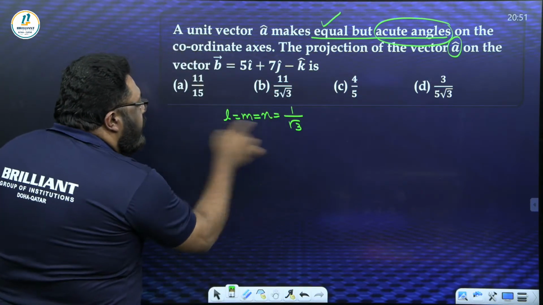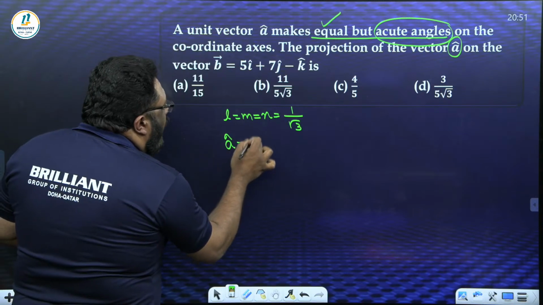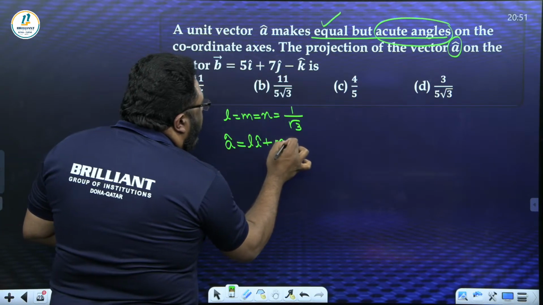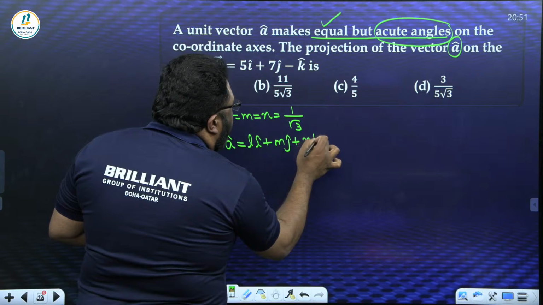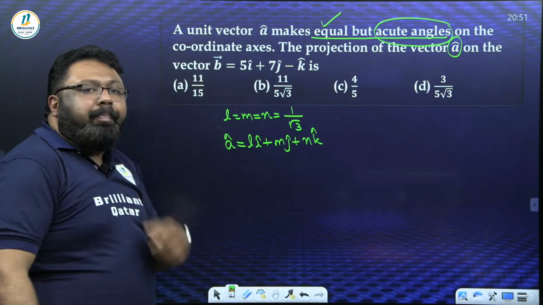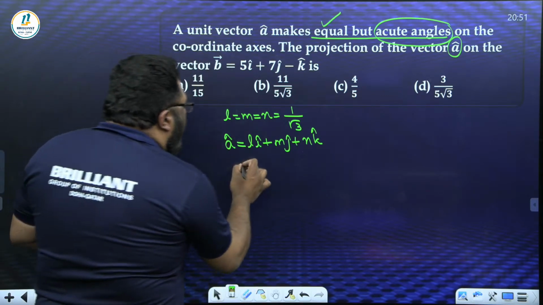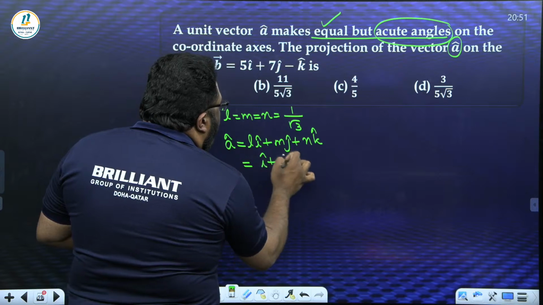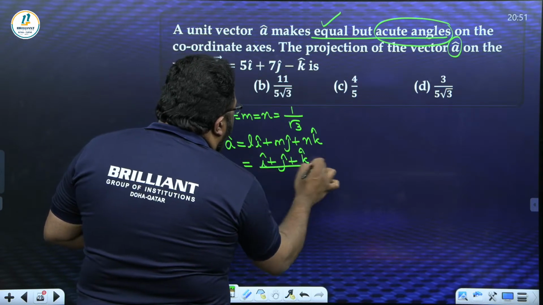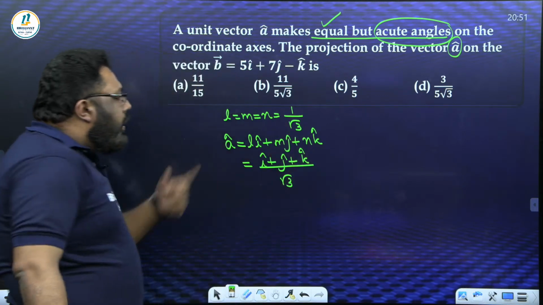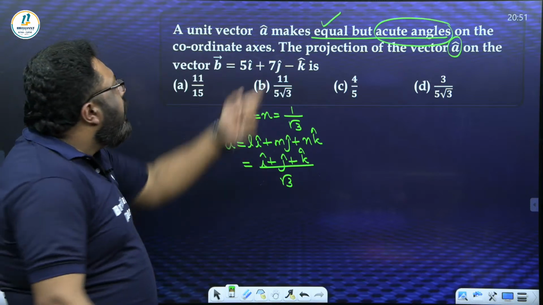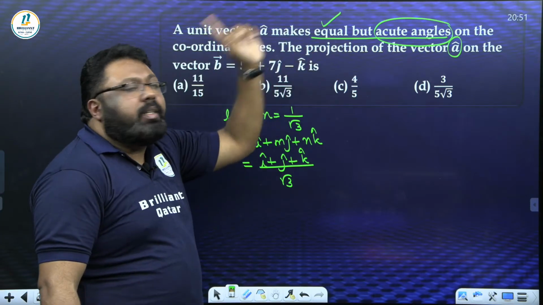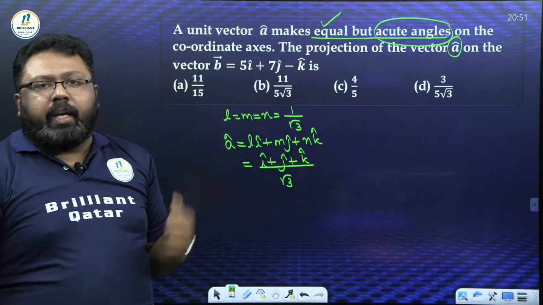Using direction cosines, we write a cap, the unit vector, so this time it's i plus j plus k by root 3. This is your unit vector which makes equal acute angles with all the coordinate axes.